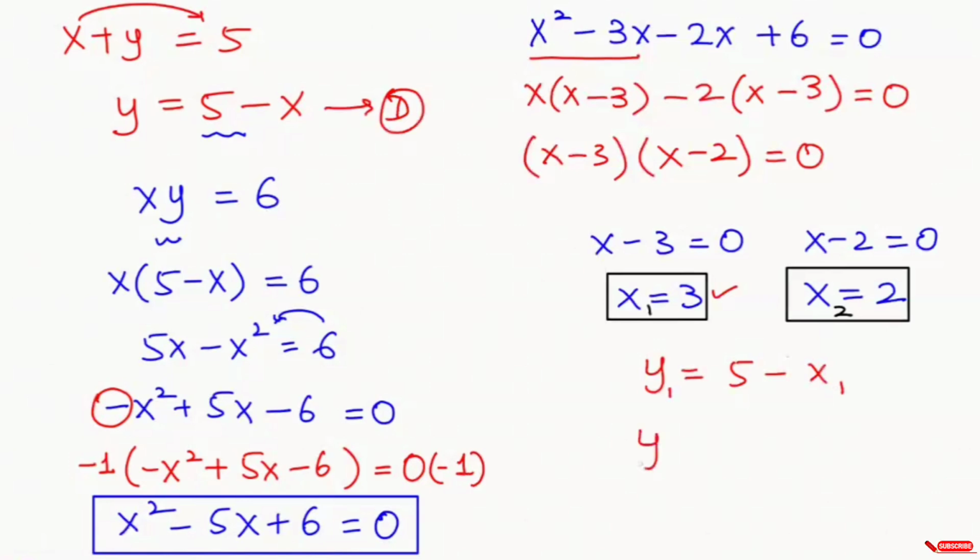I'm going to find out the y1 value, 5 minus 3, and the y1 value we find here is 2. Now I'm going to plug in this x2 value for finding the value of y2. y is equal to 5 minus x2, and this is our y2 is equal to 5 minus 2. Here we get the y2 value, that is 3.